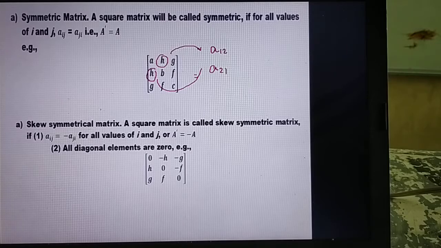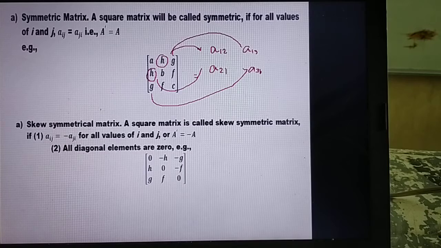So this position here is A row 1, column 3, and here is A row 3, column 1. The same with the F and F here.